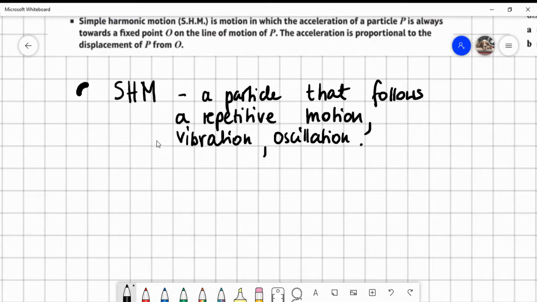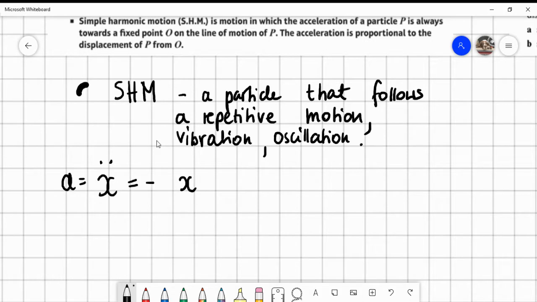If a particle follows a simple harmonic motion, then the acceleration, which is x dot dot, so displacement differentiated twice, is directly proportional to the displacement.